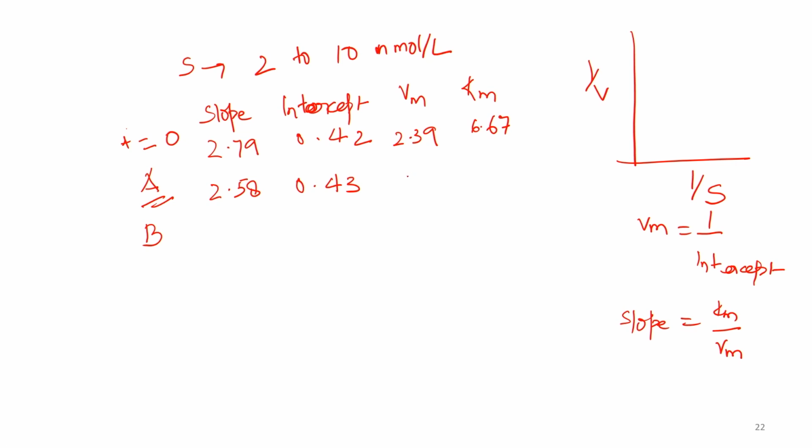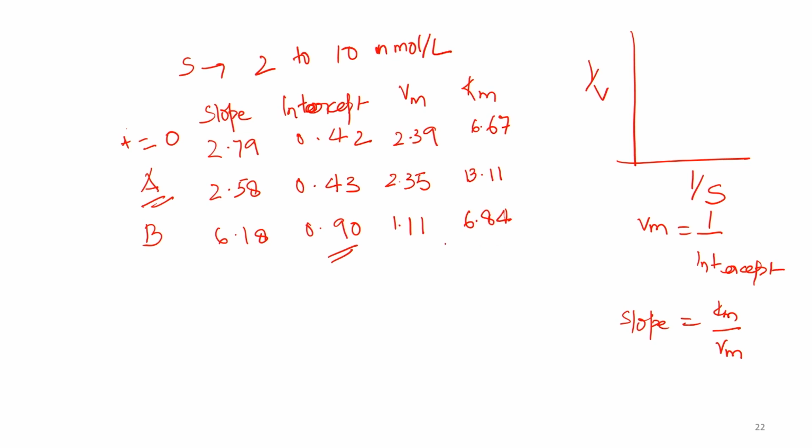So, Vm is 2.35 and Km is 13.11. In the presence of inhibitor B, the slope is 6.18, intercept is 0.90. So, as intercept has increased, Vm is decreased to 1.11 and Km is 6.84.